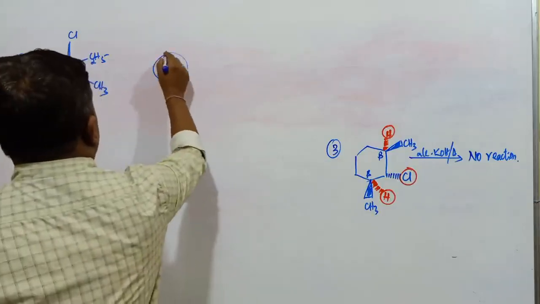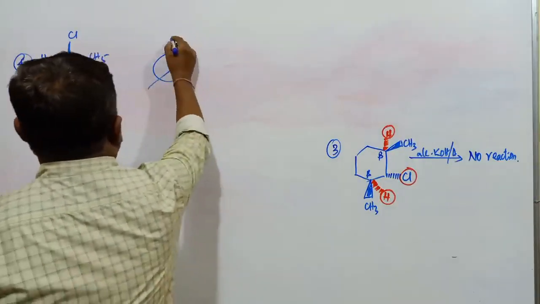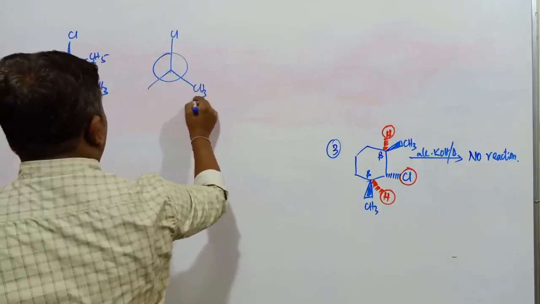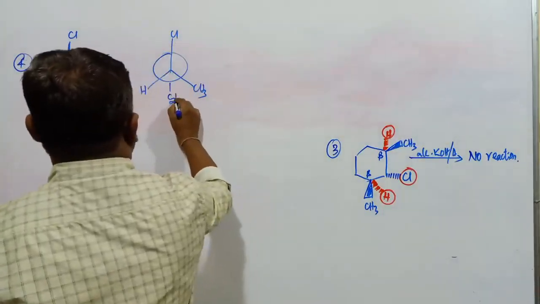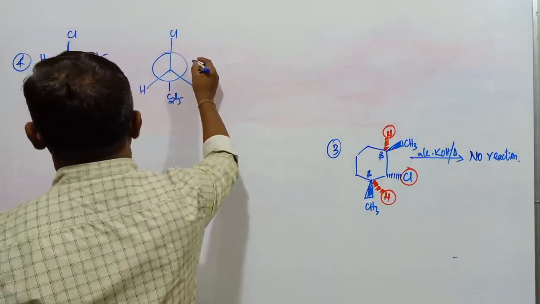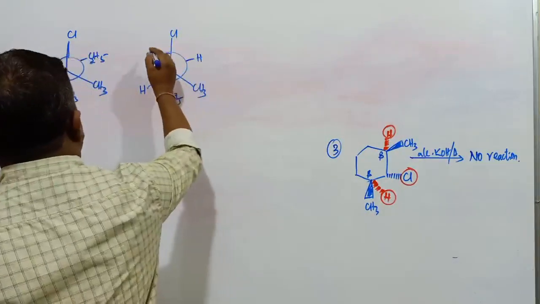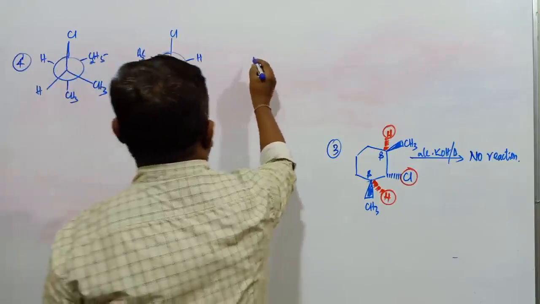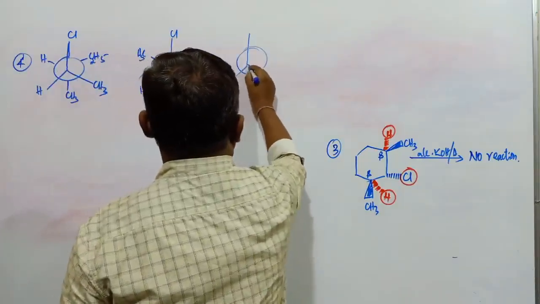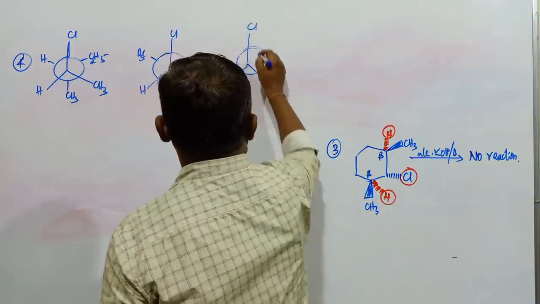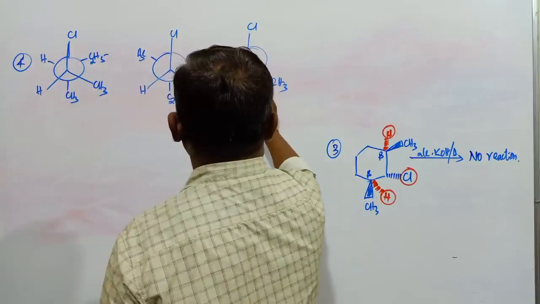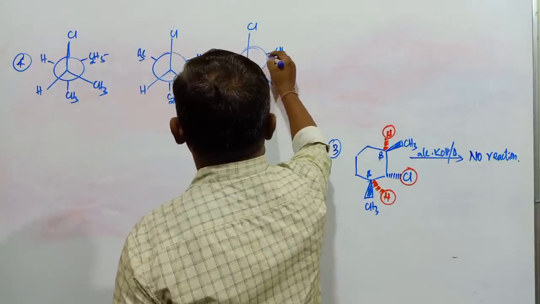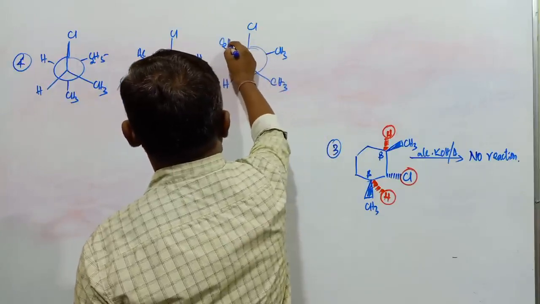Another structure: this is Cl, CH3, H, and here I will write C2H5. Next, this one is hydrogen, it is methyl. Next, this compound has chlorine, methyl, and this is hydrogen. Here hydrogen, this is CH3 and this is C2H5.